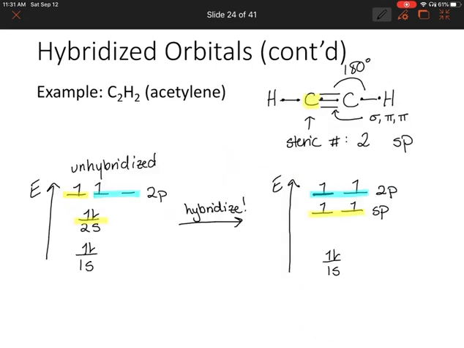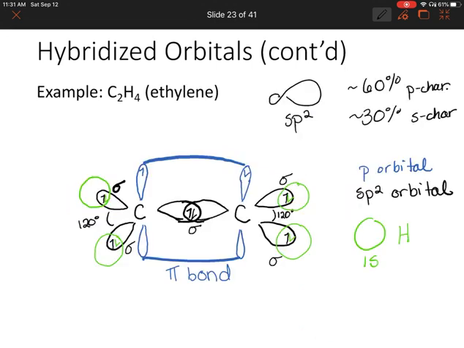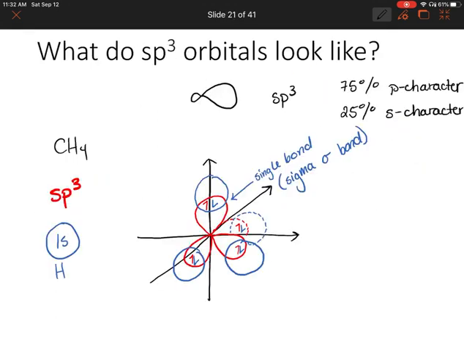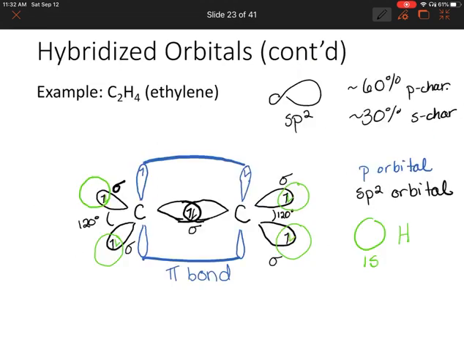Now, what about our double bond? Can we rotate either of those carbons? No, because again, we'd be breaking that pi bond. So those are going to stay parallel to each other. But then what about if we just had a sigma bond?